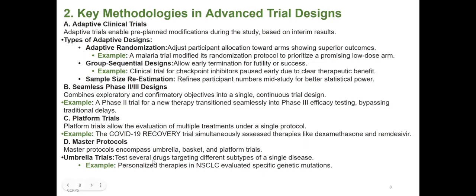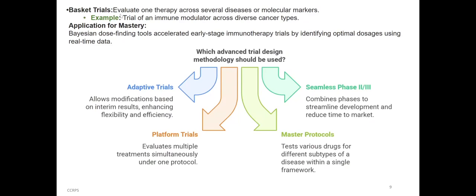By the end, it is multiple drugs targeting the same single disease under umbrella mode. The difference is that umbrella means multiple medications for the same disease, although they could be subtypes of that single disease, but multiple drugs or medications are tested under umbrella mode.